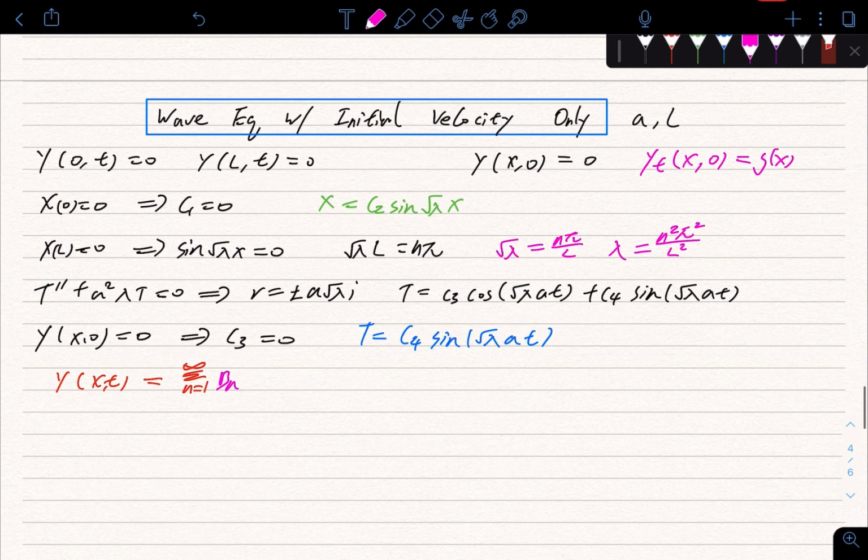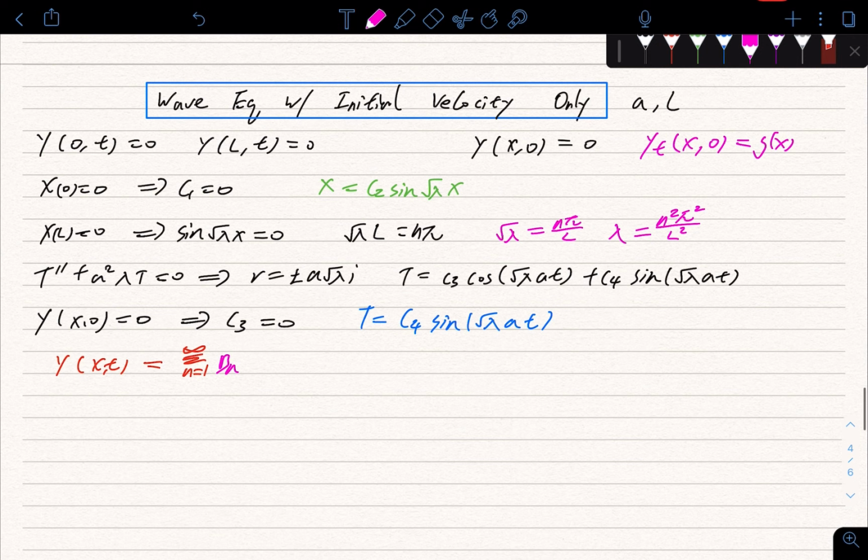In this case we only have initial velocity, so no an but bn, X_n times T_n, equals infinite series of n equals 1, bn sine of n pi over L x, and then sine of n pi over L a t.